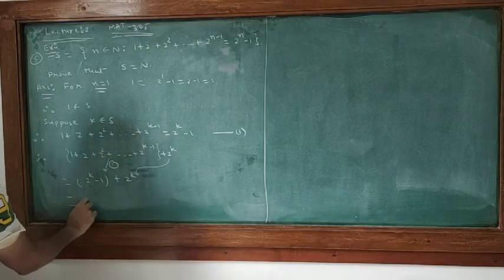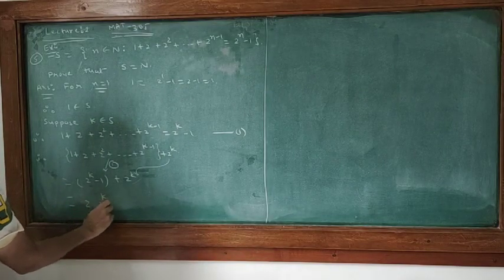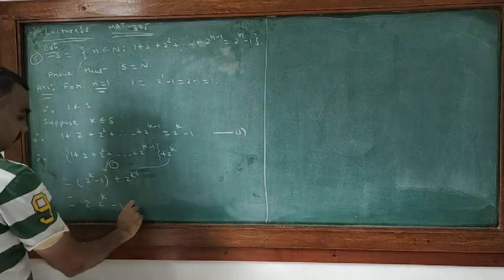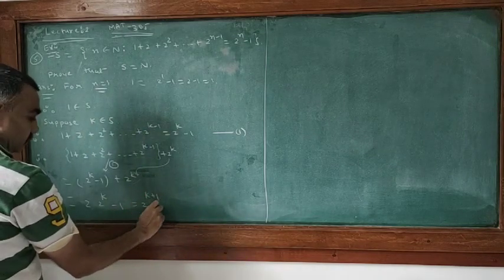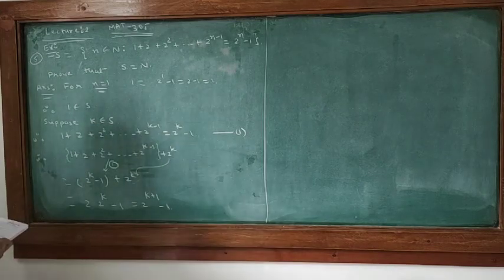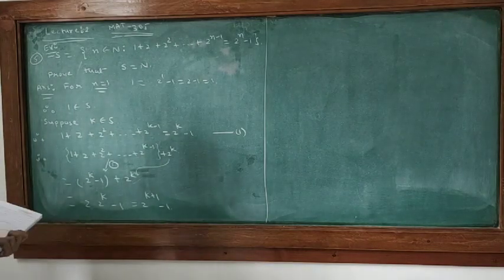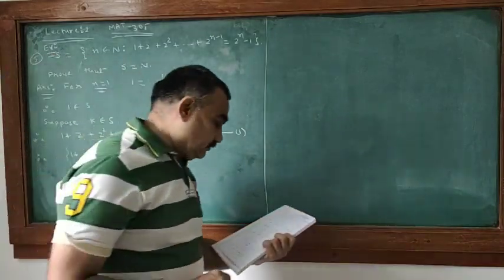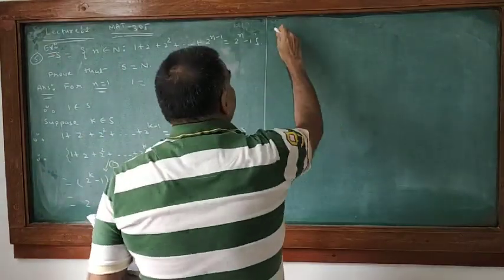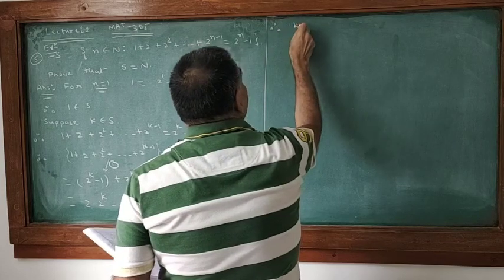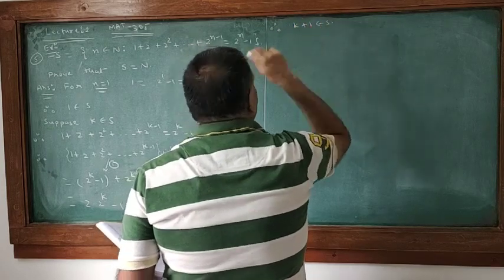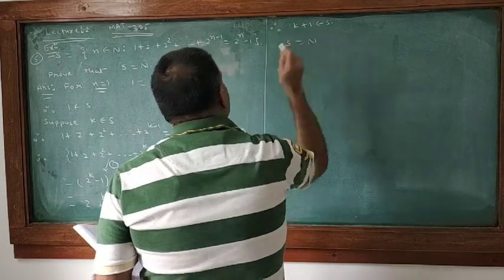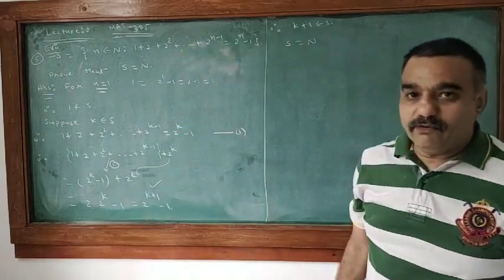And therefore this is 2 times 2 raised to k minus 1, which means this is equal to 2 raised to k plus 1 minus 1. That means that this result is true for n equal to k plus 1, and therefore k plus 1 is in S, and therefore by the first principle of induction S is N. That is what we wanted to do.